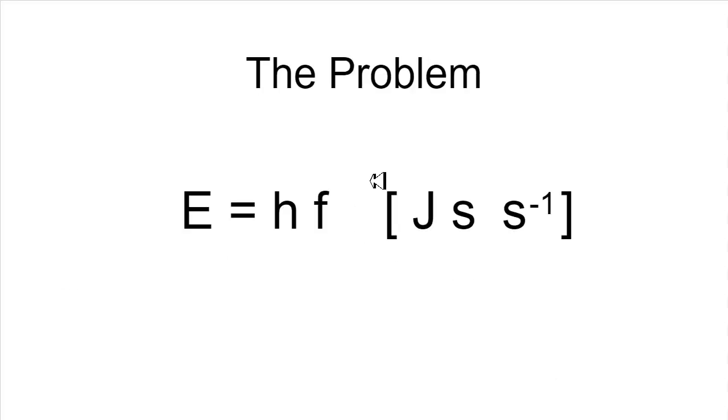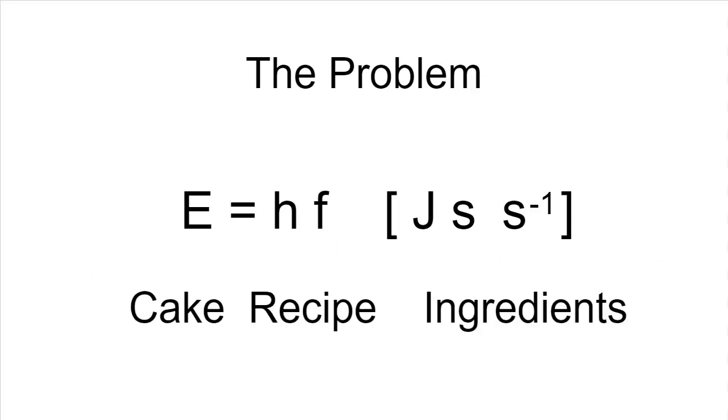But inside the unit section, we have to be a little more diligent. And so to explain what I mean by this, I'm going to use the analogy of making a cake. I want you to think of this part of the formula. So this is a whole cake, including the recipe and the ingredients and the process. And so this is the cake, the final product.